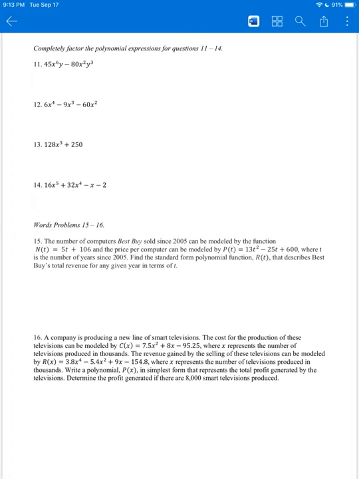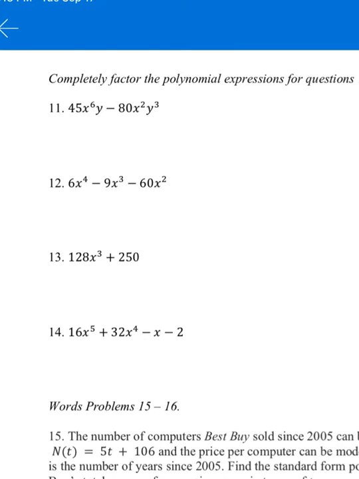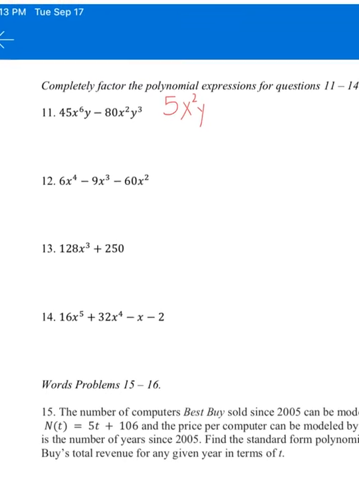11 to 14 is what we've been practicing this past week. This is factoring stuff. So first, you always want to look for a GCF. So when I look at number 11, I see that I can take out a 5x squared y as a GCF.